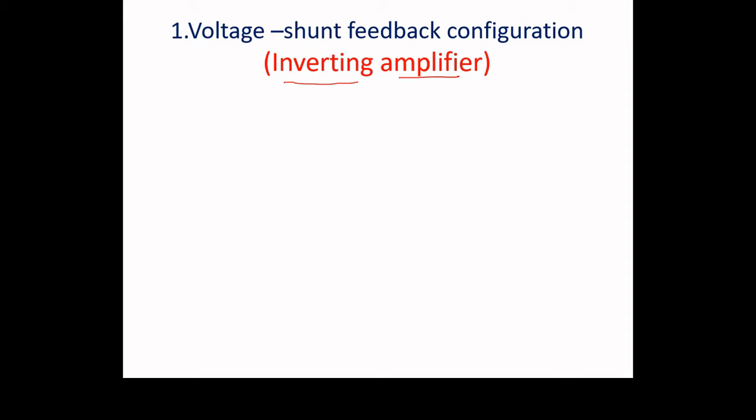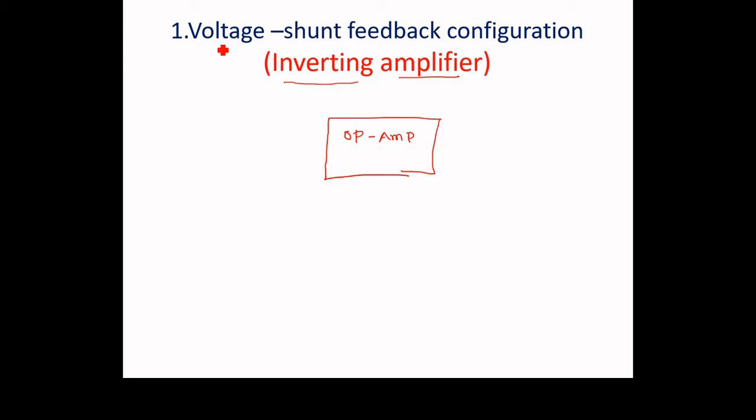In the voltage shunt feedback configuration, whenever we connect the op amp, it will act as the inverting amplifier. So we'll take the op amp. If you are taking a voltage sample, how do we need to take this voltage?